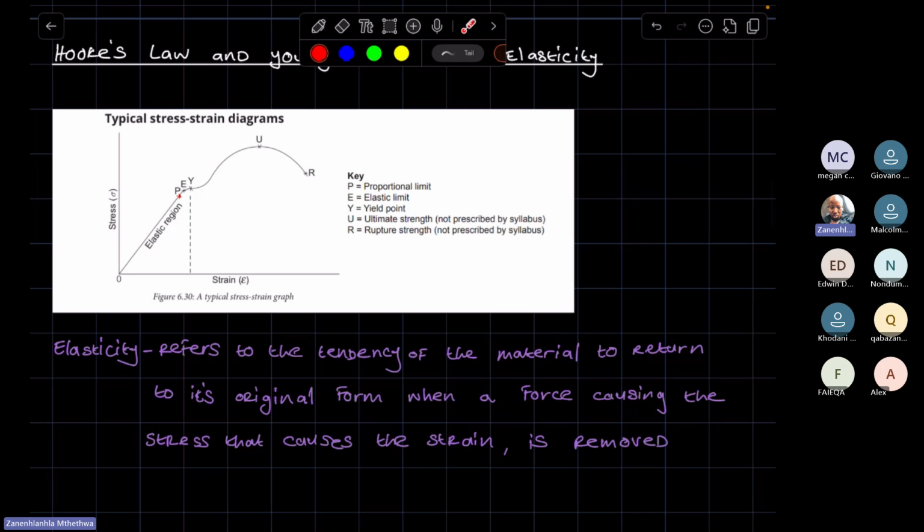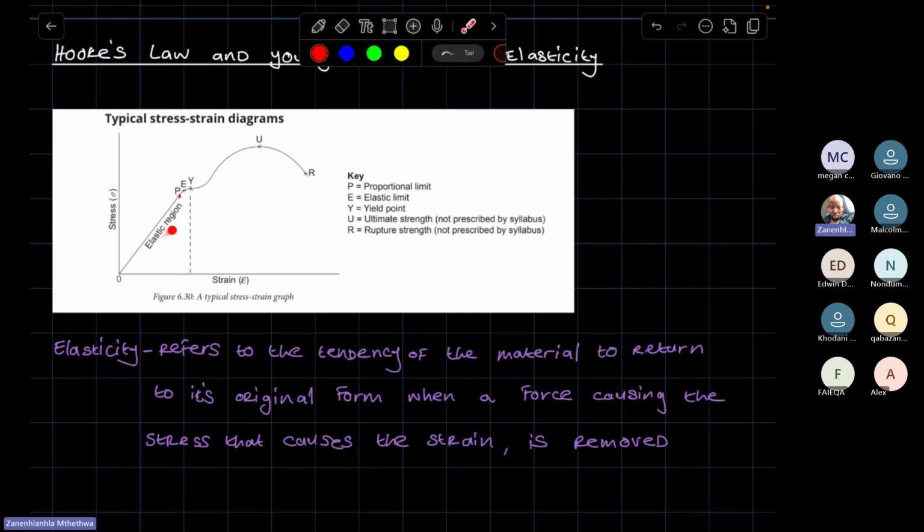That is why I'm saying at this level, as much as we are going to look at some of the mechanical properties that you can expect to be asked about, our calculations will essentially be based on those mechanical properties. If you look at it from the perspective of the stress strain graph, they begin from zero, or let me say, we only look at the mechanical properties that are involved in the elastic region of this stress strain graph, right?